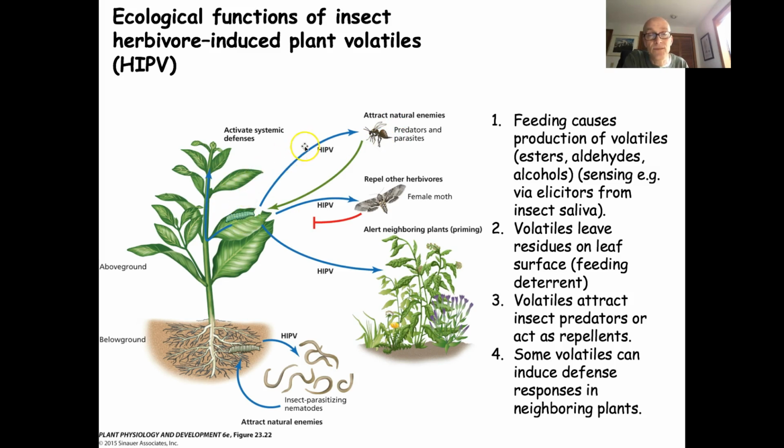And so these volatiles call for help, and then these predators, basically my enemy's enemy is my friend, will then help get this invasion of these caterpillars under control. That's one way how herbivore-induced plant volatiles work, but they also act as repellents so that other herbivores don't even show up, and they act as a way to induce responses in neighboring plants.